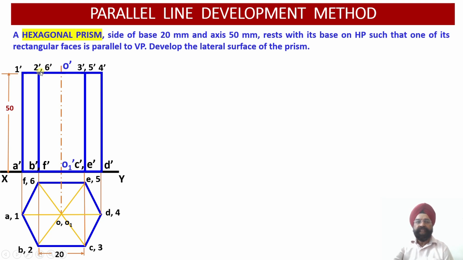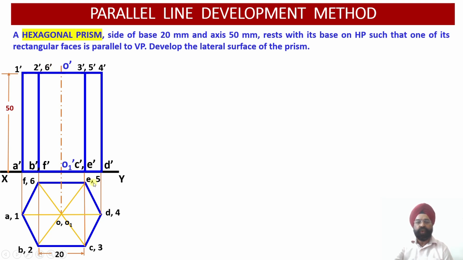Again I repeat, the front view projections corresponding to F6, that is F dash 6 dash, should be dotted, but they have been overlapped by the object line or solid line projections corresponding to the vertical edge B2. So B dash 2 dash projections will be dark and F dash 6 dash projections will be hidden, and since they coincide, we get a dark line over here.